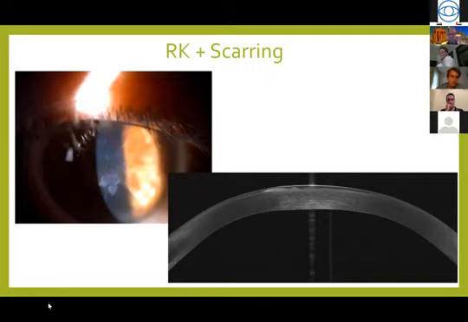This is another case of radial keratotomies, a case that came with a loss of vision because of scars. So in this case, I was going to do a PTK, okay, to get rid of those scars and improve the vision.